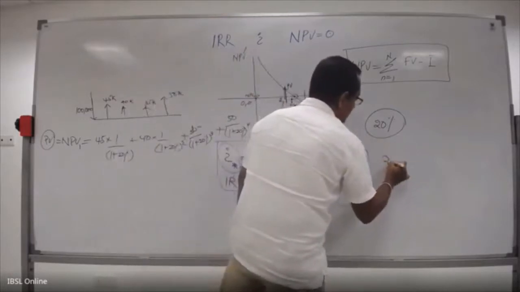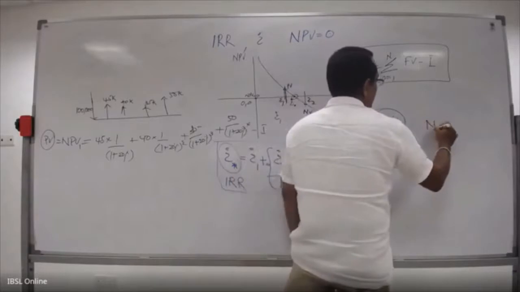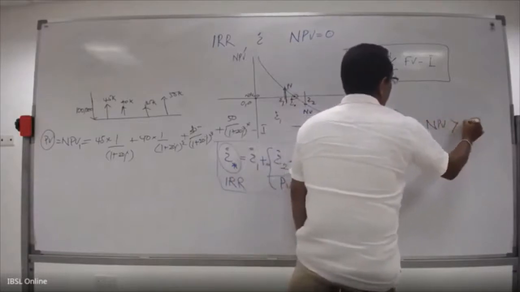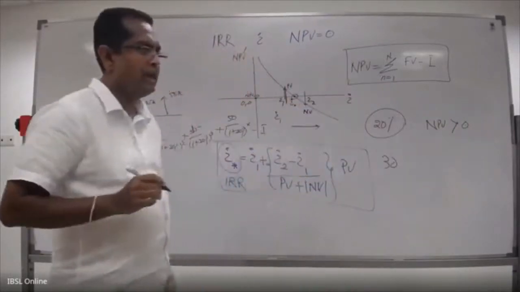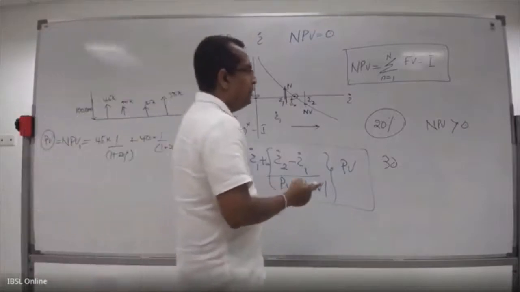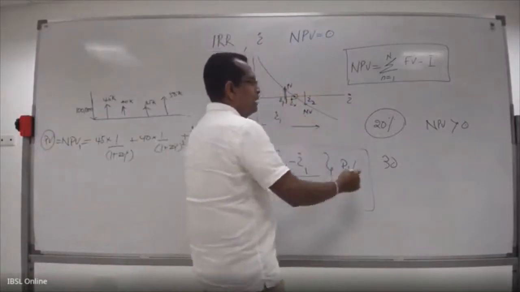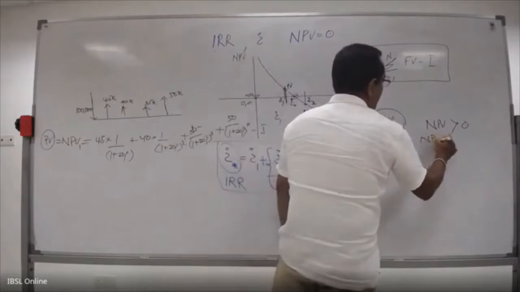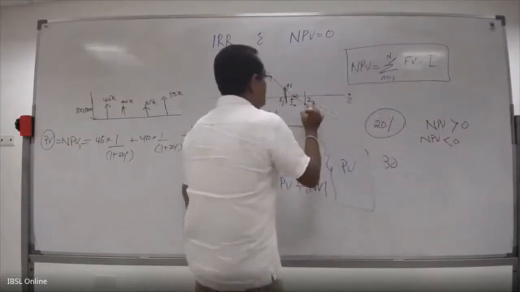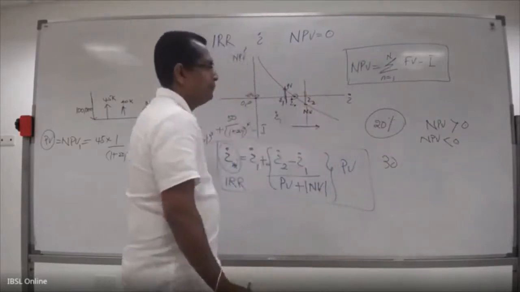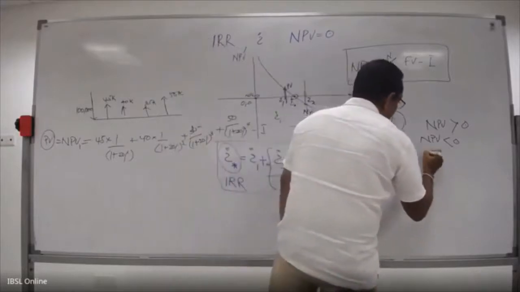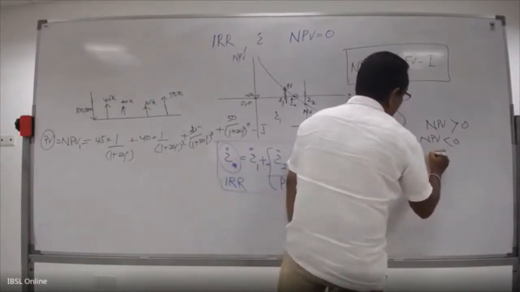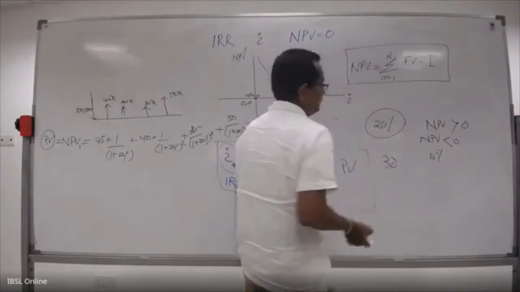If NPV is greater than 0, positive, right? If when you use 20, NPV is less than 0, that means you have reached this point. Then you have to use a rate less than 20, 15%, right?